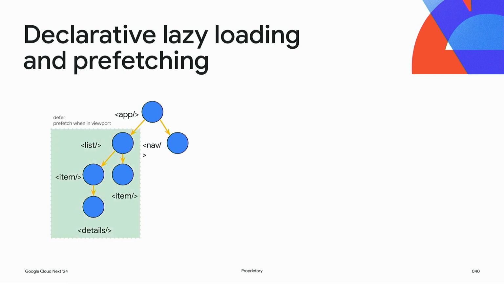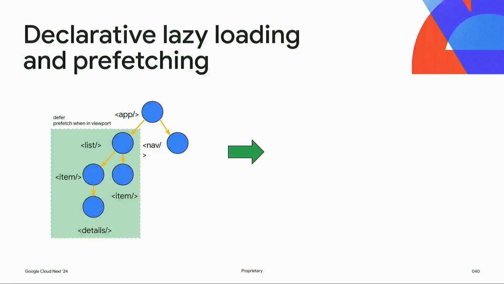In addition, we have looked at declarative loading and prefetching. Last year, we opened that RFC about declarative loading. This used that control flow out of the box, and it's now available in developer preview. It allows you to extract parts of your template and load them on demand.